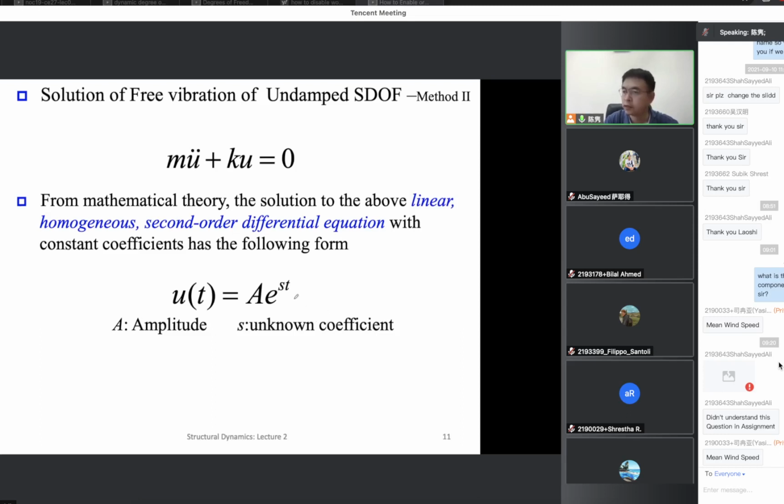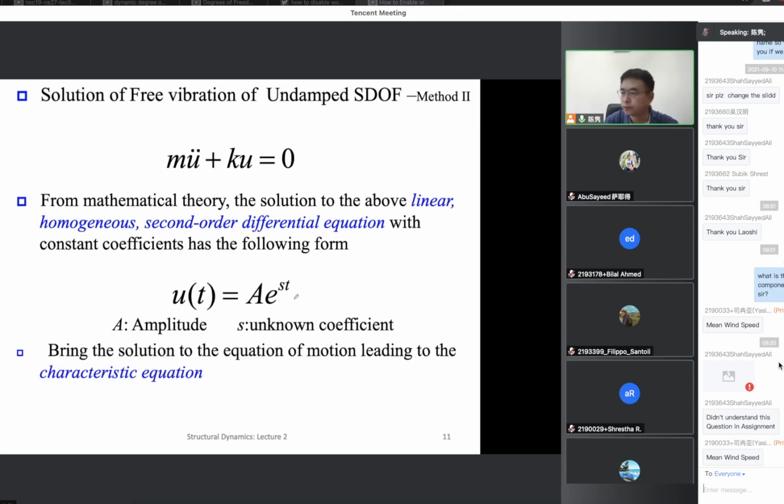Then we bring this into this equation. We will have the so-called characteristic equation, because when you bring A e^(st) in, differentiating twice gives A s^2 e^(st).